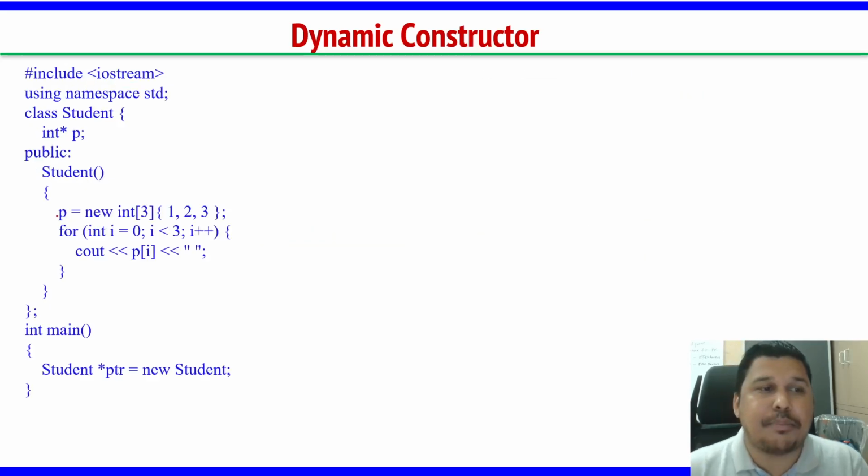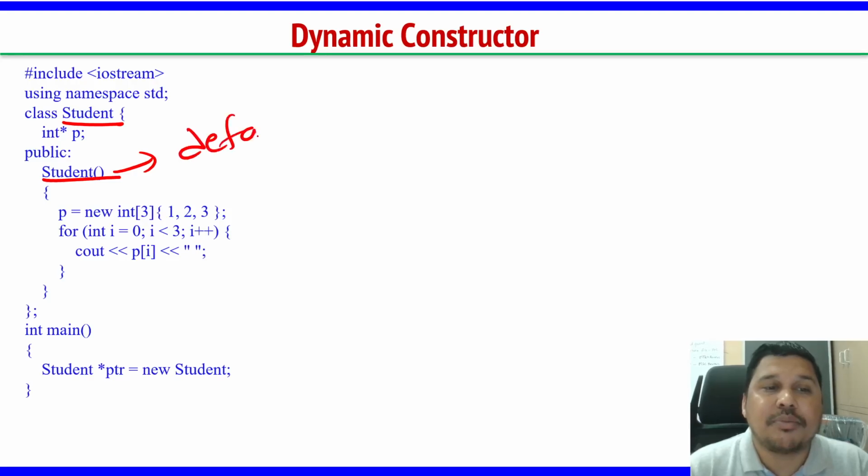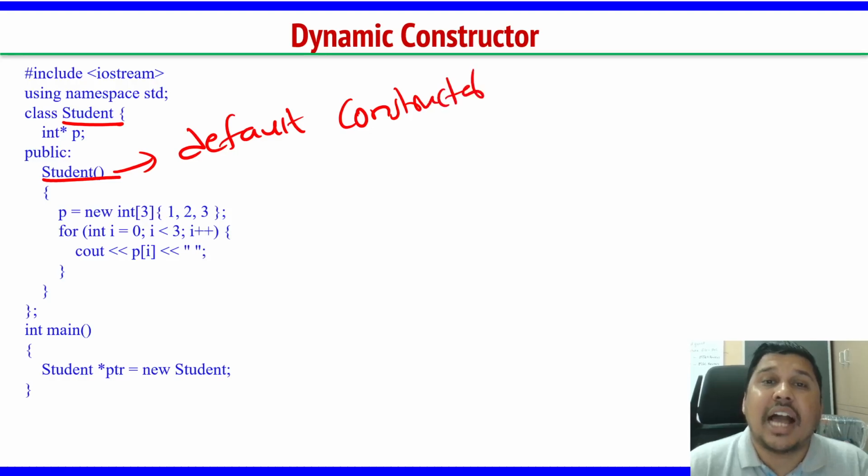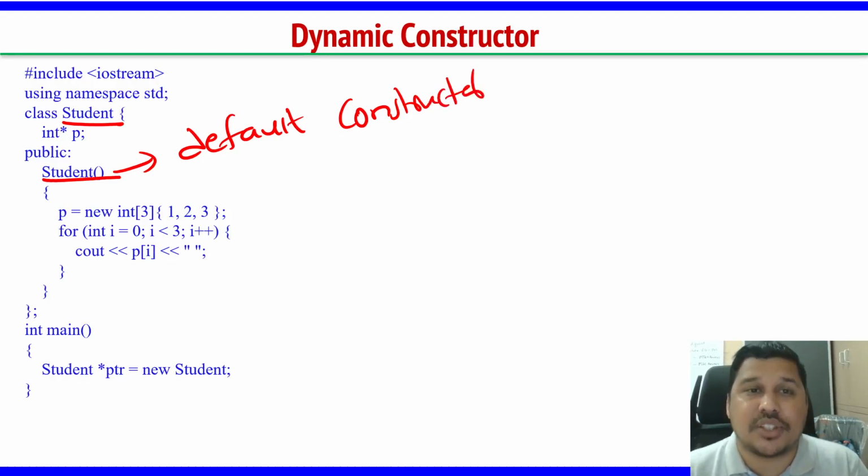So, let's see this example. Class name is student. In this student class, this is the default constructor. I can write whatever I want inside the default constructor. We use it for assigning values to the private data members, but you can put any function here.